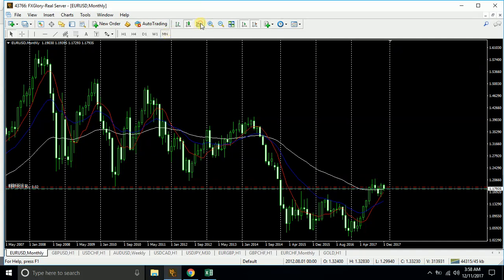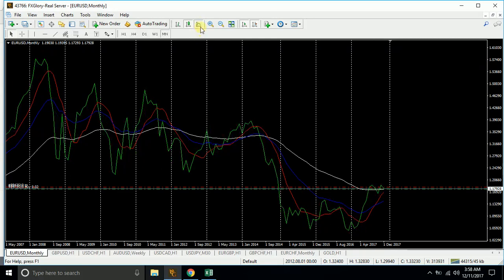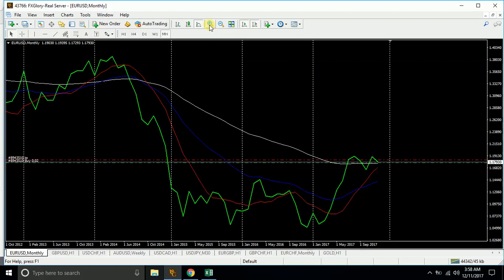Now we're on the monthly chart. First thing we're going to do is go to our line chart. We're going to select our line chart and zoom in just a little bit. What we're looking for here on the monthly line chart is the most recent point of resistance, which will be here.